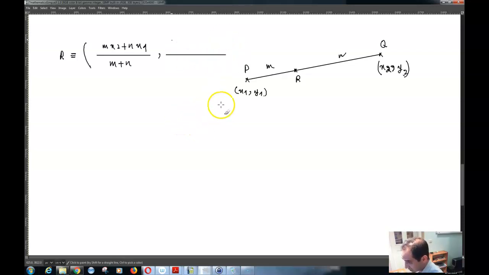That is the coordinates of this point R in terms of the coordinates of the two endpoints and the ratio m and n.